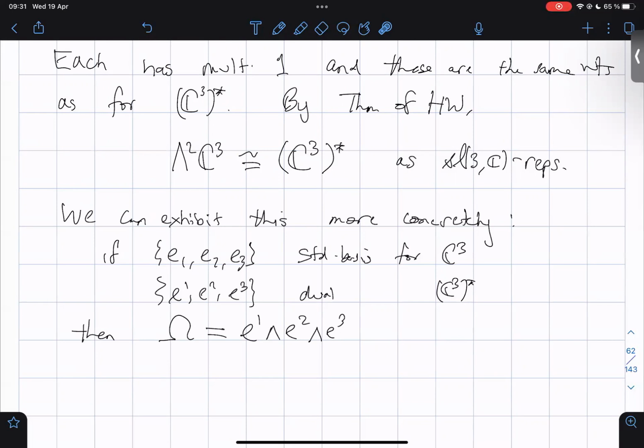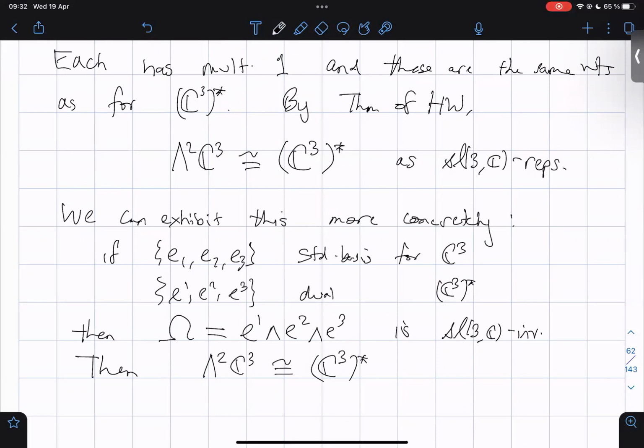So this guy, similar to the SL2 case, is SL3C invariant. It's natural with respect to this SL3 action. In terms of this invariant tensor, you can exhibit what this isomorphism looks like.